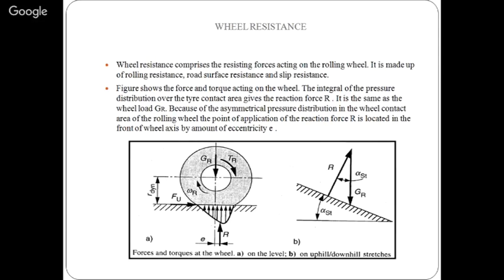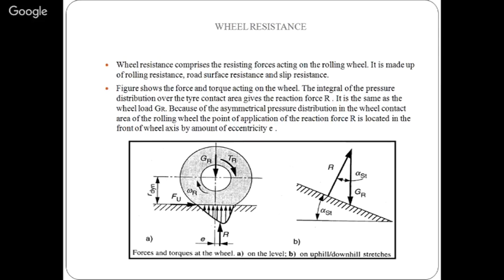Clear? And after that, the second thing, as I explained earlier, is with what radius the tire is generating force with a required torque. The figure shows force and torque acting on the wheel.